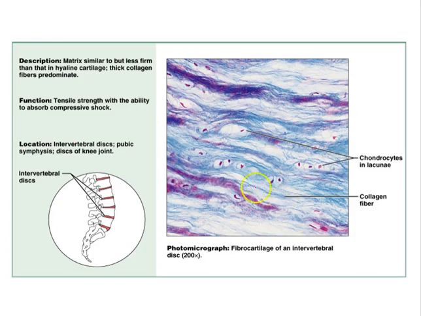You can find bundles of collagen fibers in its matrix, and still you can see the lacunae and chondrocytes inside of the lacunae. Because of these collagen fibers, this cartilage has strength and the ability to absorb compressive shock.